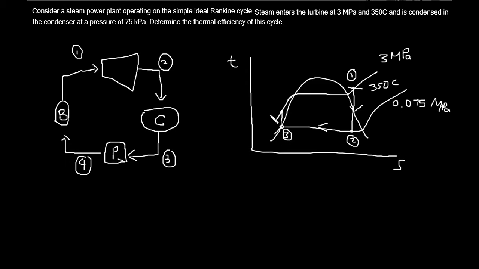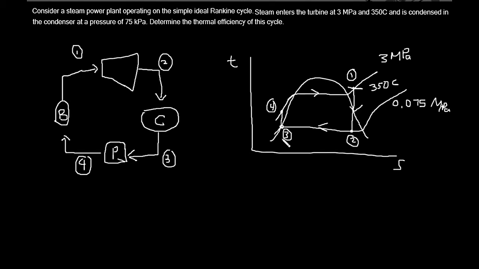State 3 to state 4 is the pump. Then it goes back to the boiler, which is state 4 to state 1, a constant pressure process. So state 1 to state 2 is a constant entropy process, which happens in the turbine.